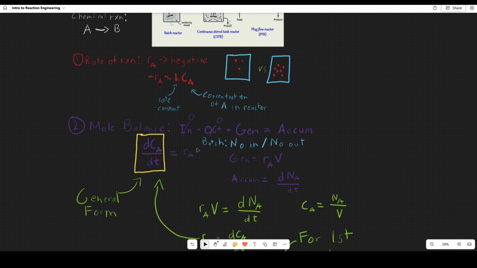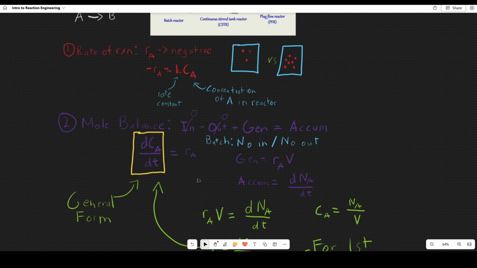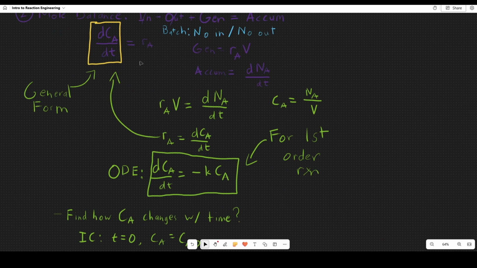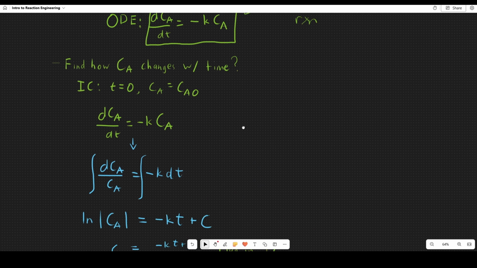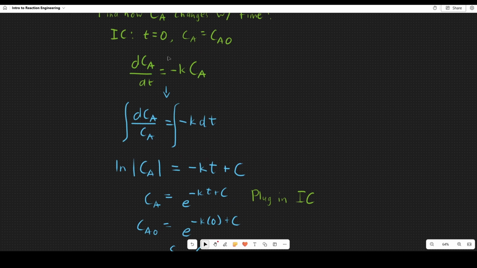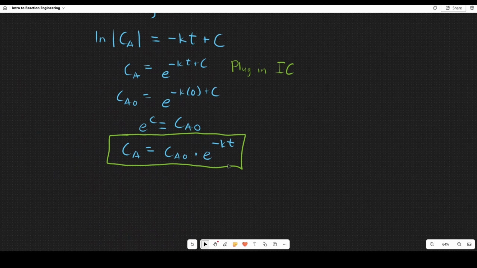Once you have R sub A, you have this equation dCA by dt equals R sub A. In the batch reactor, you have no in and no out, so this is the general form for a batch reactor mole balance. When it comes to CSTRs and PFRs, we're going to have different mole balances that I'll talk about. Once you have R sub A and dCA by dt, you just plug that in, integrate, and use your initial condition in order to get the final equation.